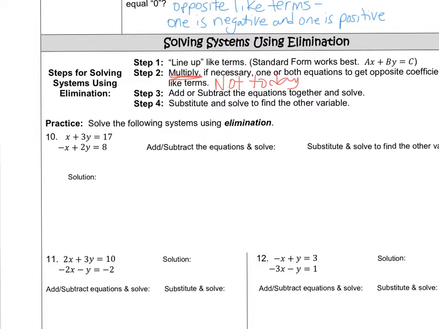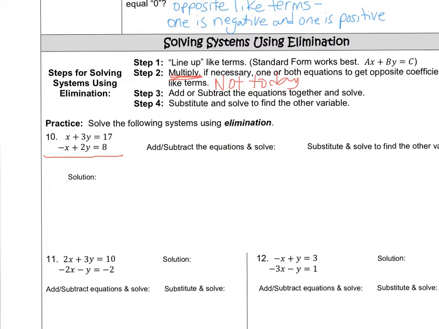So what we've got here on number 10 is I'm looking for something I can eliminate. So I've lined up my terms. So my x's are on top of each other, my y's, and my numbers. And I've got opposite like terms. I've got a plus x and a minus x.